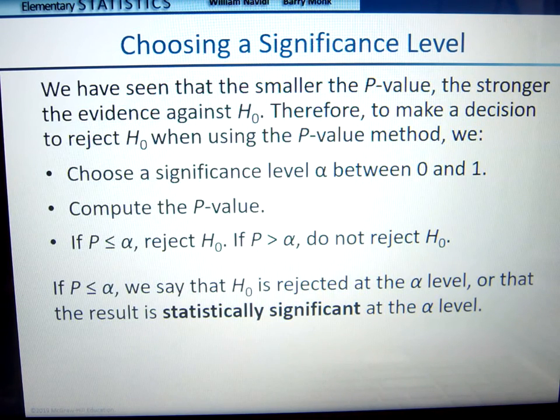If the p-value is smaller than or equal to the alpha that was chosen, we reject the null hypothesis. If it's greater than alpha, we do not reject the null hypothesis. So again, if p is less than or equal to alpha, we say that the null hypothesis is rejected at the alpha level, or that the result is statistically significant at the alpha level.